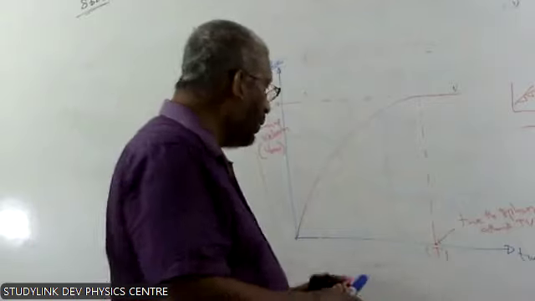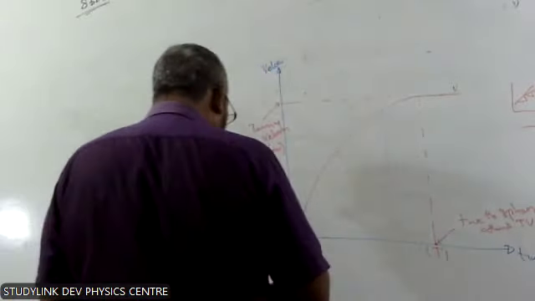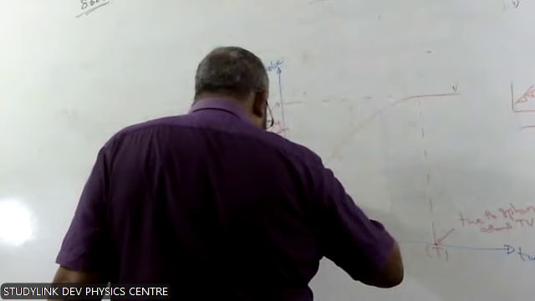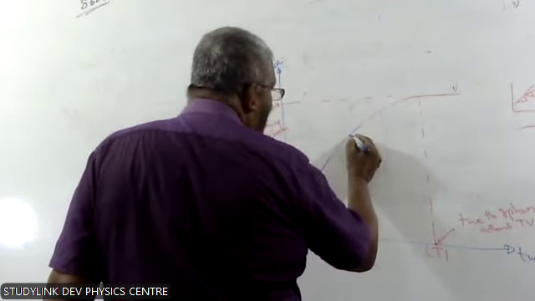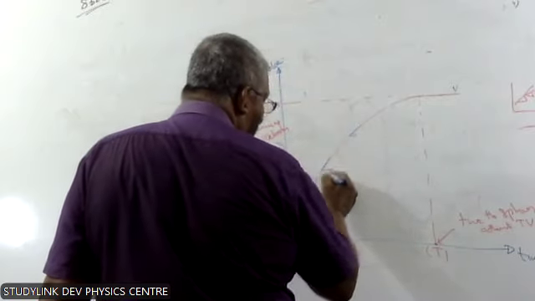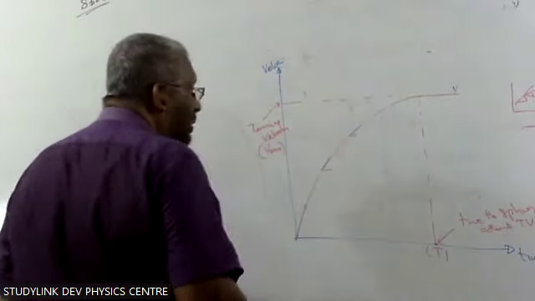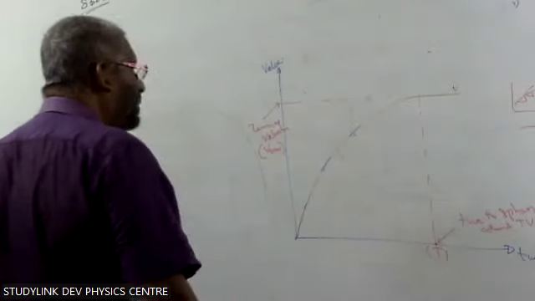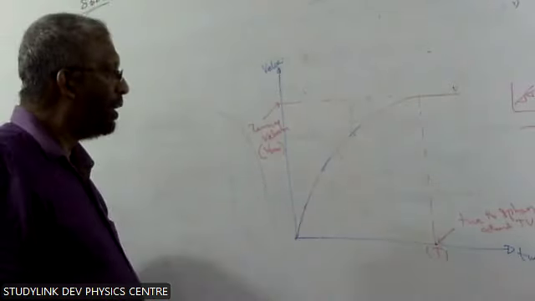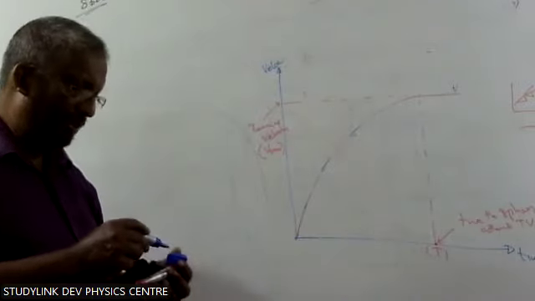There is no need to draw what I'm drawing in blue, this acceleration considered here. See, this angle reduces, that means acceleration reduces. Don't draw that blue one, but when they ask you to draw, only draw the curve.